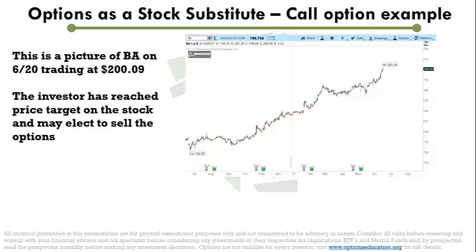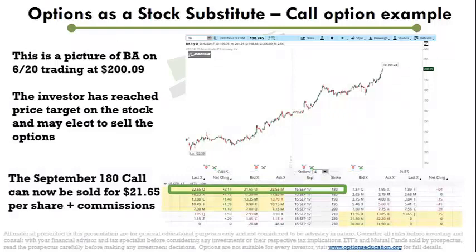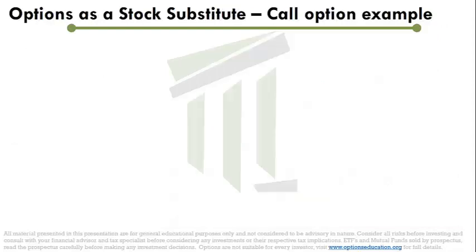It actually reached it on June the 20th, trading at $200.09 a share. So the investor at that point may elect to sell the options. Those options that he purchased for $9 a share are now selling for $21.65 a share.